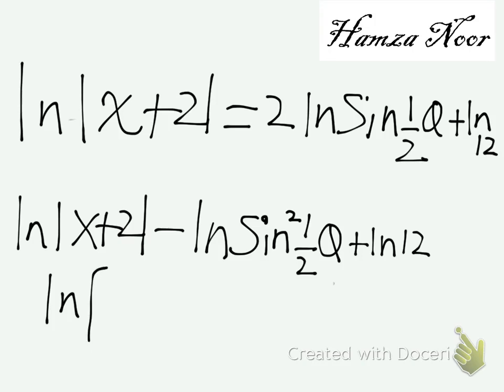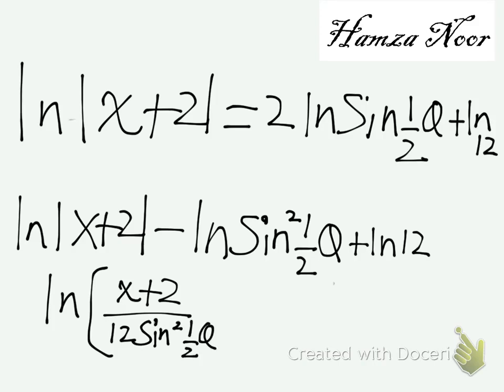Here you write ln of (x + 2) over 12 sine squared (1/2 theta), which will be exactly equal to 0. To make x the subject, the natural log ln will be removed, and (x + 2) over 12 sine squared half theta will be equal to e to the power 0, and any number to the power 0 is exactly equal to 1.